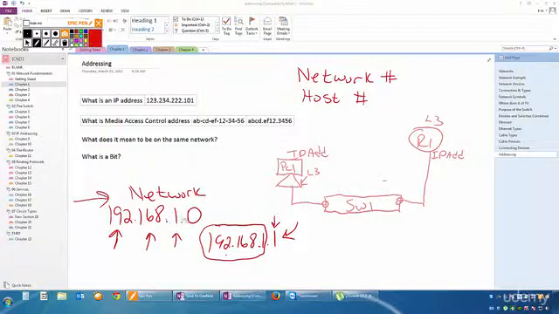So if we're on the 192.168.1 network and I gave this IP address to here, he will be number 1 on that network. If I gave this 192.168.1.27, he will be number 27 of the 192.168.1 network.